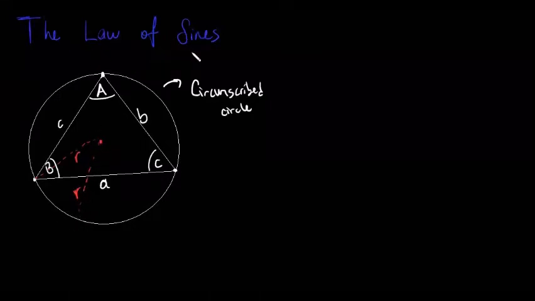So what is the law of sines? It is a over sine of A, because the length of any side divided by the sine of the opposite angle.